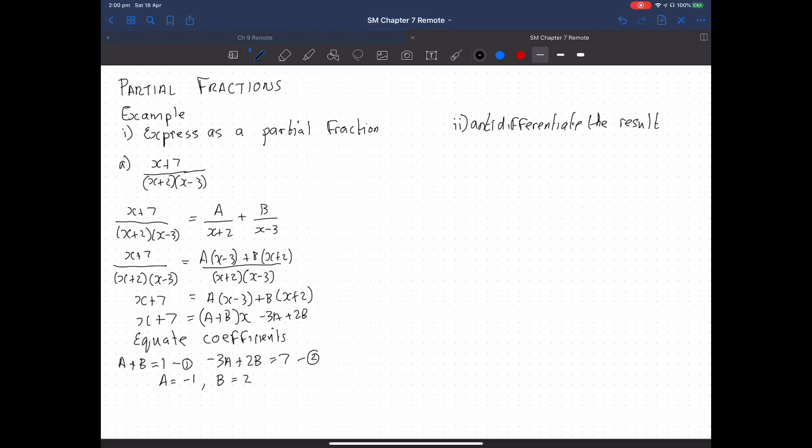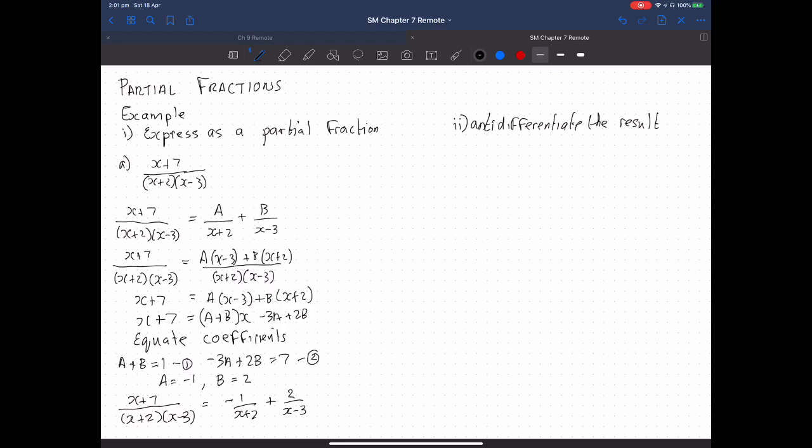What that tells us is (x + 7) / ((x + 2)(x - 3)) equals, we had written a over x + 2, a is -1, so -1 over x + 2, plus b over x - 3, b was 2, 2 over x - 3.